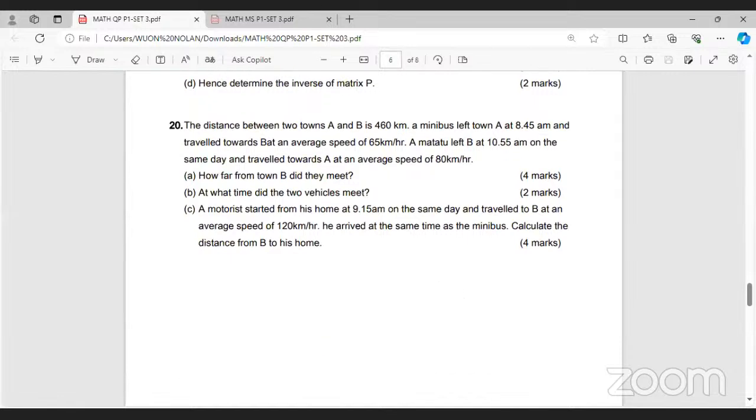Yeah, we are at question 20, linear motion. Question 20, linear motion. Someone to read through, then we do it together. Lloyd, you can read.